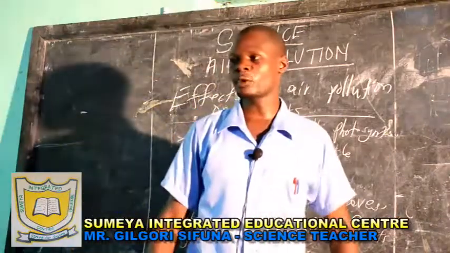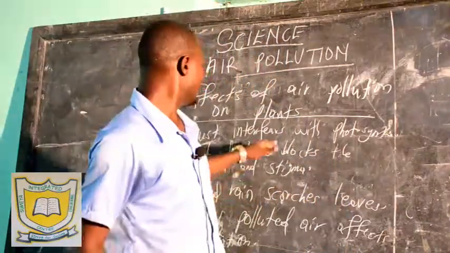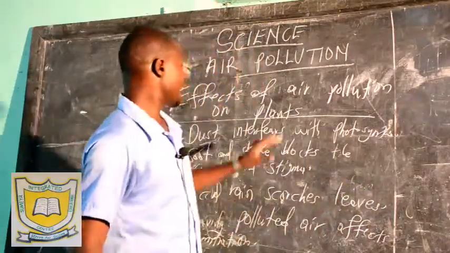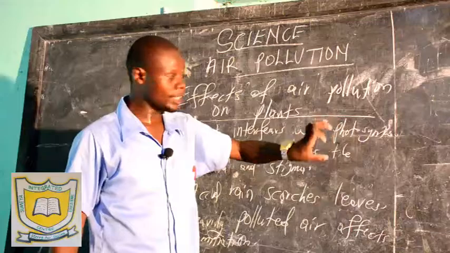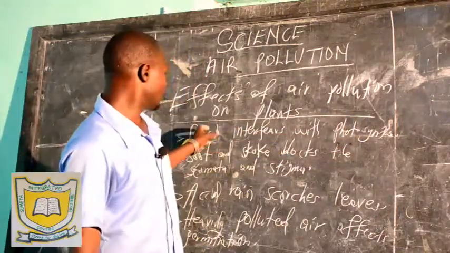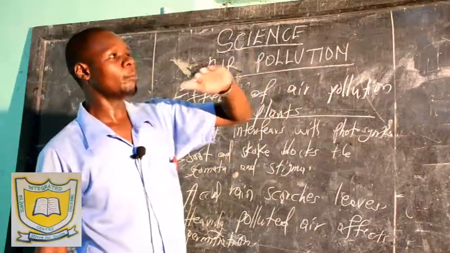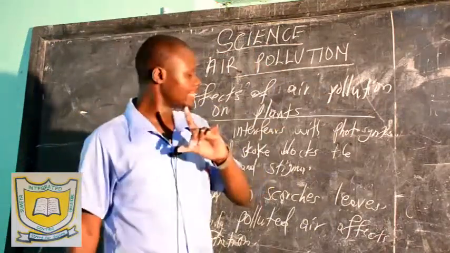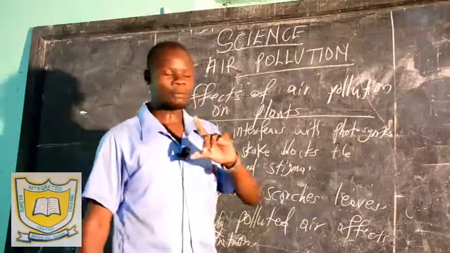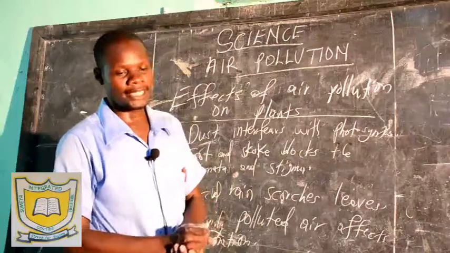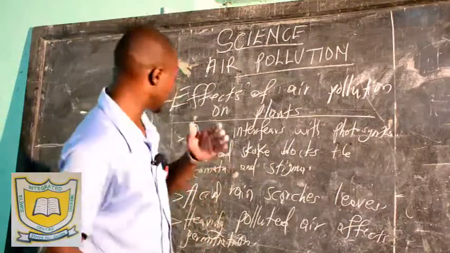This is a process by which green plants make their own food during daytime in leaves. The conditions that must be there for photosynthesis to take place are also very important. You remember them. You find that when dust covers the top of the leaves, it blocks light. Light is one of the conditions that must be there for photosynthesis to take place. So after the leaves have been blocked by the dust, photosynthesis will be interfered with.